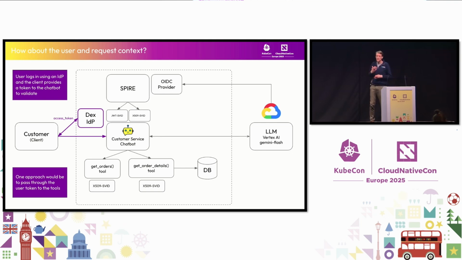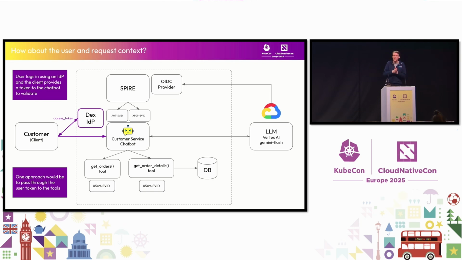And it was able to pass that through. So nothing unusual here, right? I was just using standard OAuth JWT tokens, using OIDC in the case of DEX, and I was then able to pass that through to the agent. The problem is, though, what you shouldn't be doing is then propagating that JWT, right? That has specific intent, and it has, of course, all the access that is attached to that user.